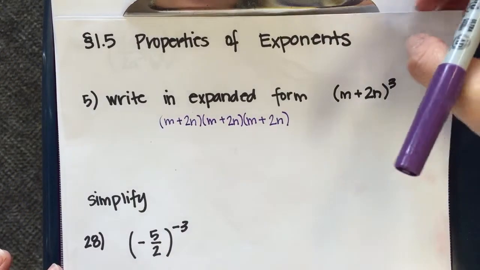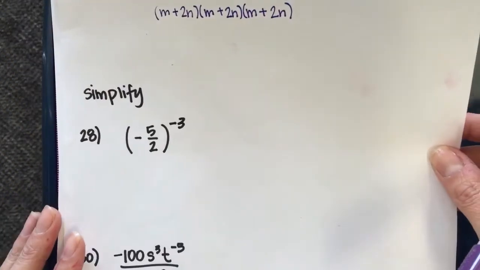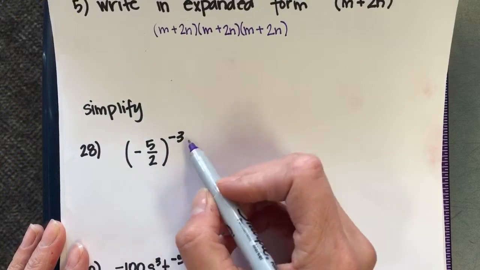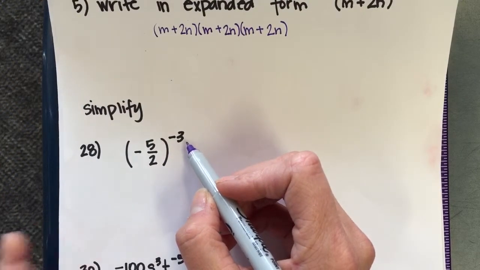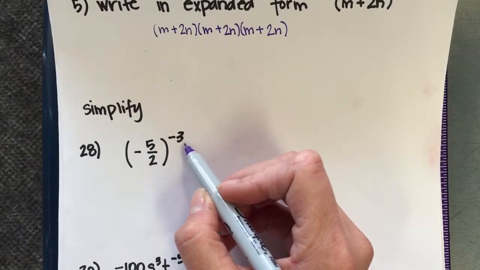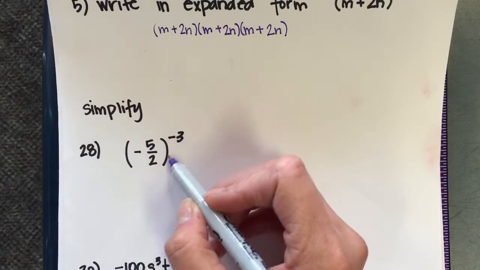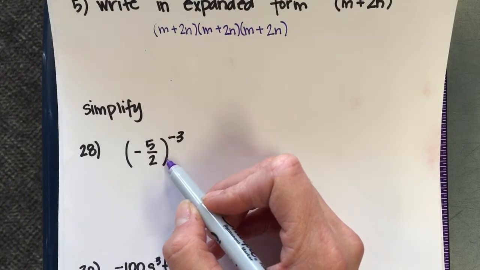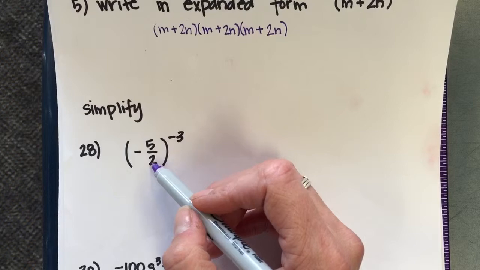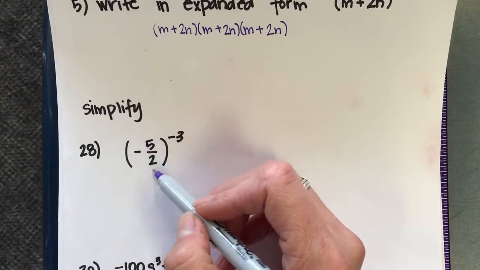Number 28 deals with a quantity inside parentheses with a negative exponent. So 2 different ways we can look at this. One is to distribute the negative exponent through first, and then you can fix the exponent. The second way is you can take the reciprocal of the inside.